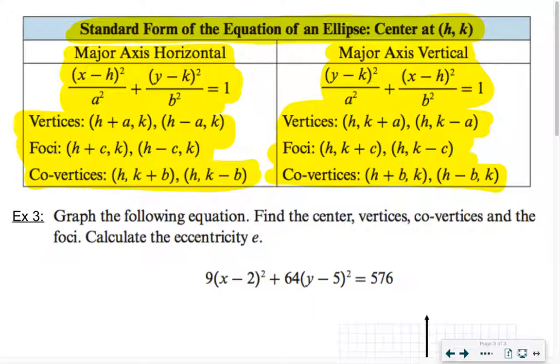This template for identifying your vertices, co-vertices, and foci looks very complex, right? But at the end of the day, here's what you'll do. You'll identify your a, b, and c like we did for example number 1, and then you'll also identify your h and your k. Once you identify those 5 pieces, you plug them in and simplify.